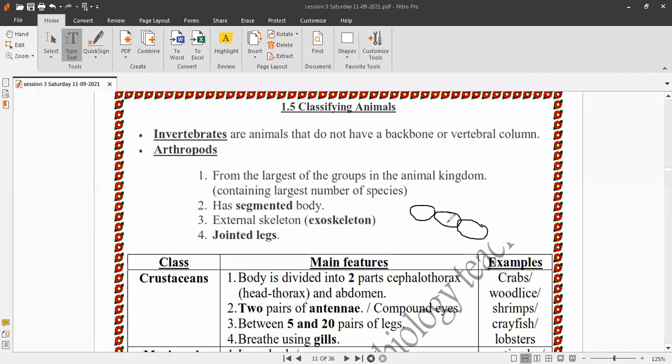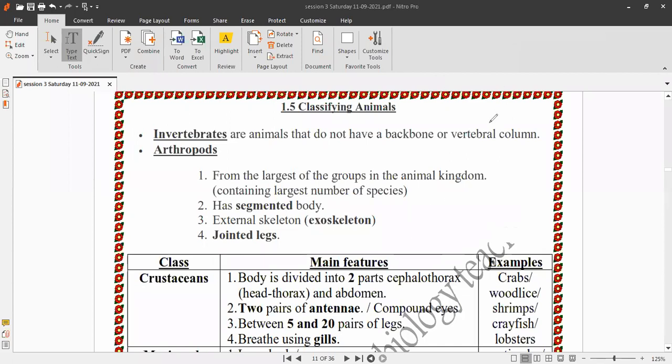Arthropods have a segmented body, and also an external skeleton or exoskeleton, like insects, and also jointed legs, like this. These are the features of arthropods: segmented body, jointed legs, and the exoskeleton.